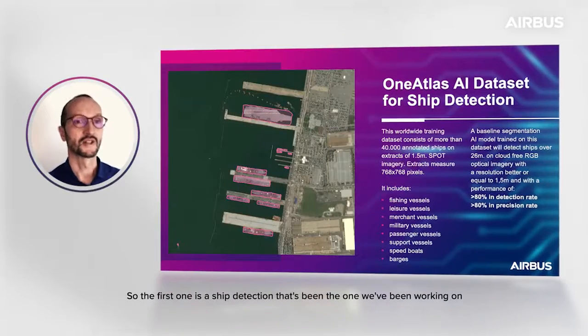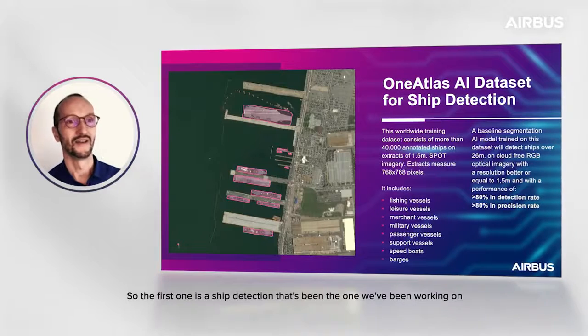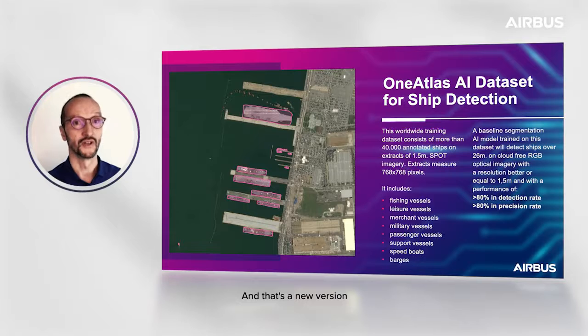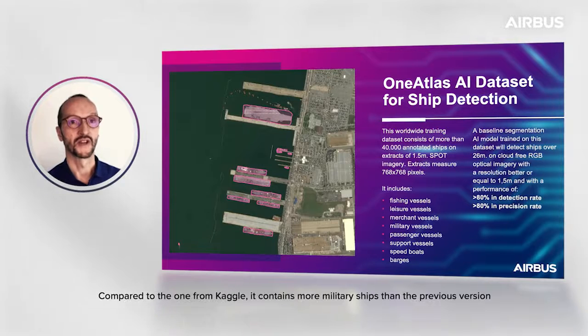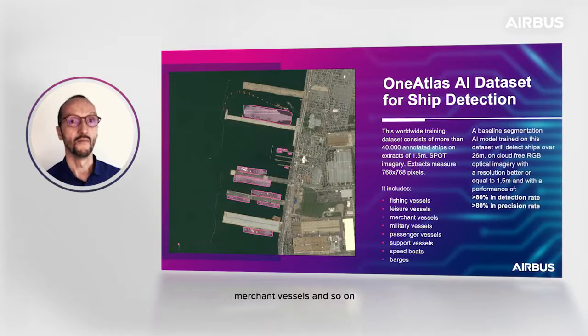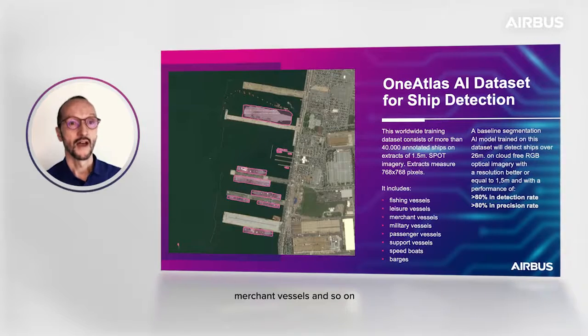So the first one is ship detection. That's been the one we've been working on for a long time, and that's a new version compared to the one on Kaggle. It contains more military ships than the previous version, and also includes main categories such as fishing vessels, merchant vessels, and so on.